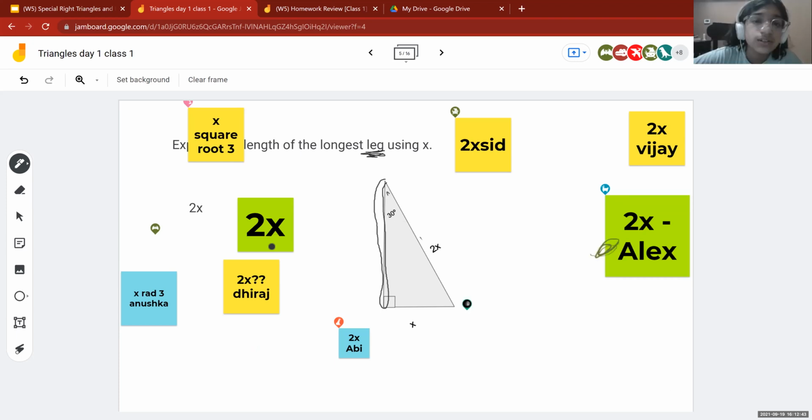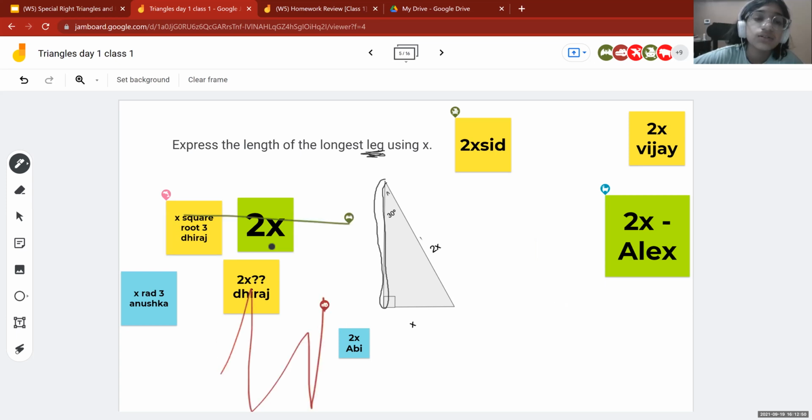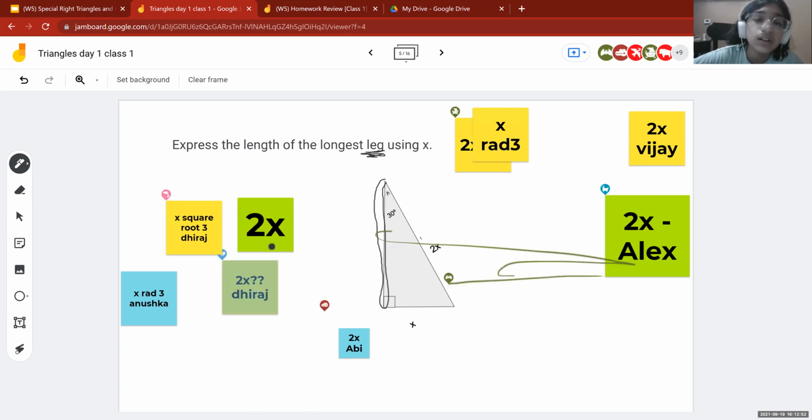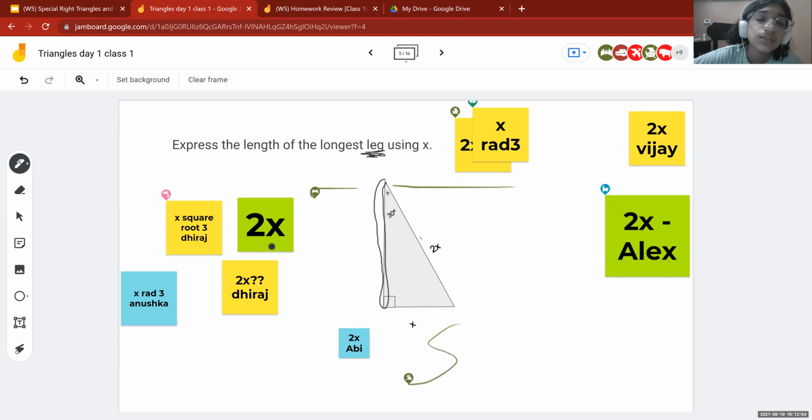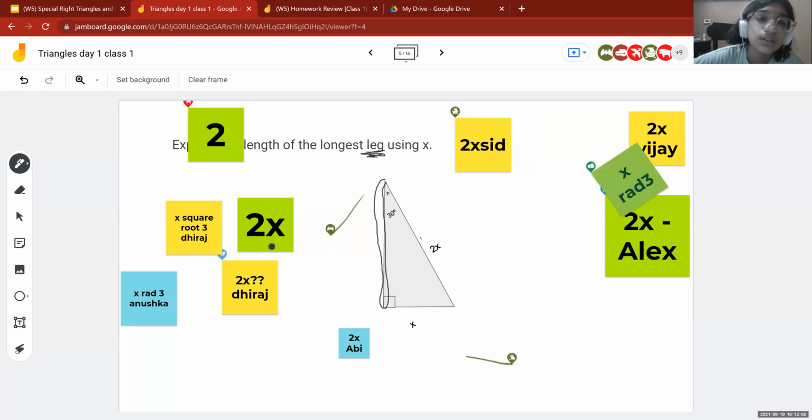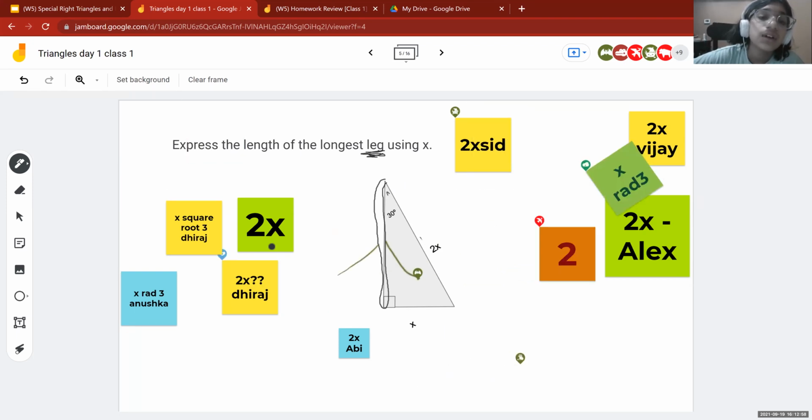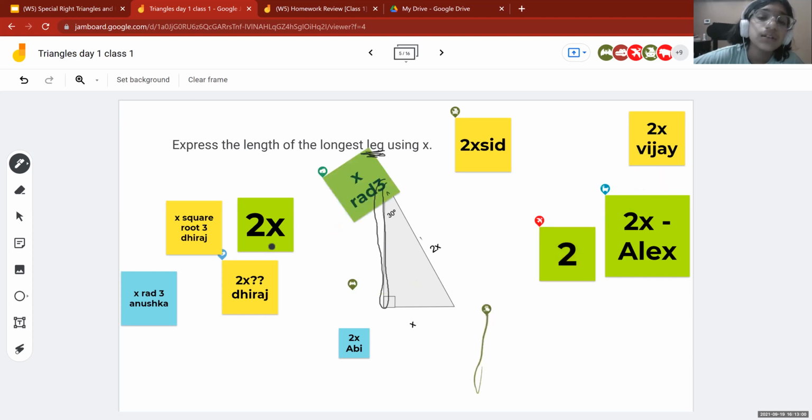The base is x, the hypotenuse is 2x, and the side adjacent to the hypotenuse is x radical 3. I actually put that as my answer, but for some reason it didn't show.